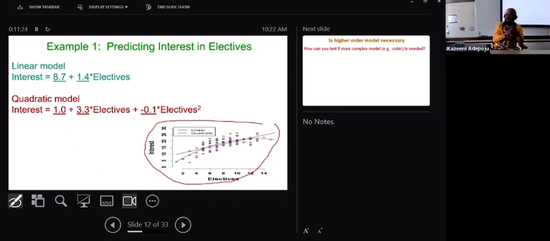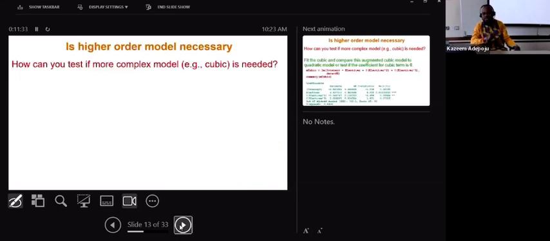When I incorporate the quadratic effect into the model, that led us to an improvement. Now the question is, should we consider a higher order polynomial? We may want to ask that question because considering no bend, we saw what happened.